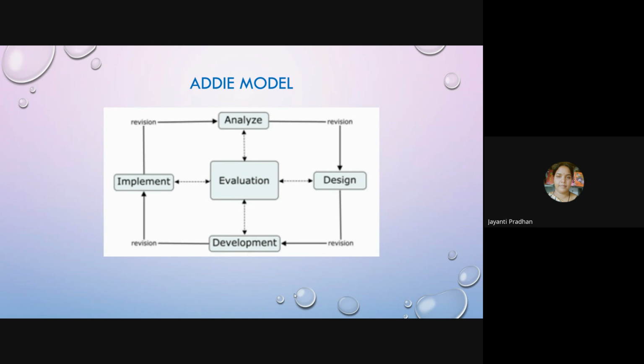Then after analyzing, what are we doing in the design phase? In the design phase, now we are clear about the level of the student, the need of the student, and the interest of the student.